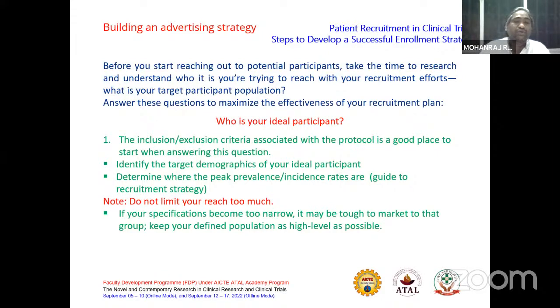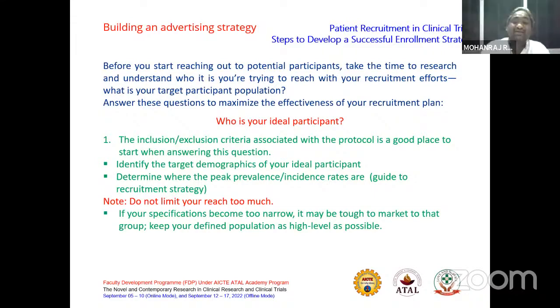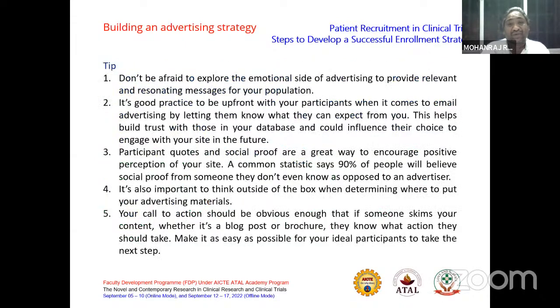So don't go narrow, don't cut out any information, maximize information, but make sure it is very simple, concise, and realistic, and easy to understand, thereby it improves the retention of the information by the particular population, and it enhances the recruitment of patients into the research work we are planning.